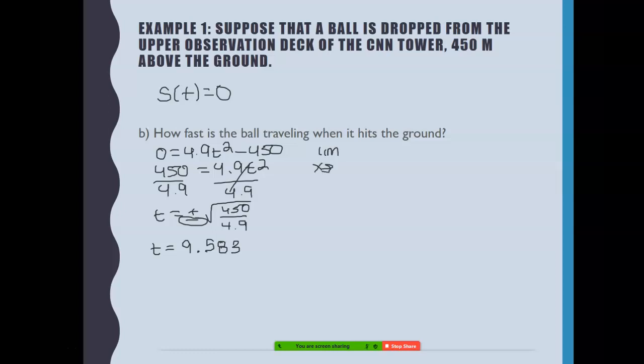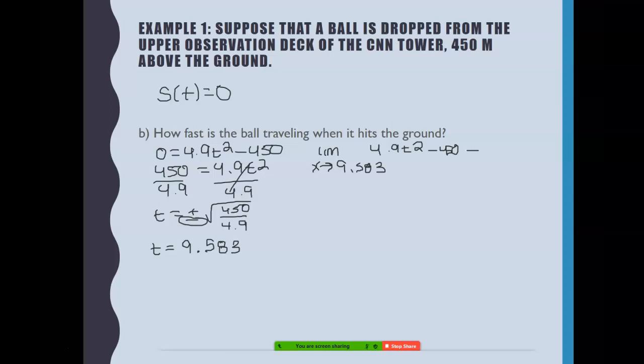As x approaches 9.583 of f of x, which is 4.9 t squared plus 450, minus f of 9.583.